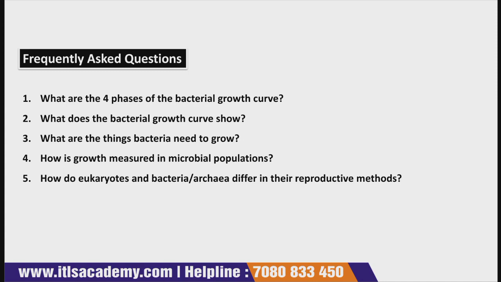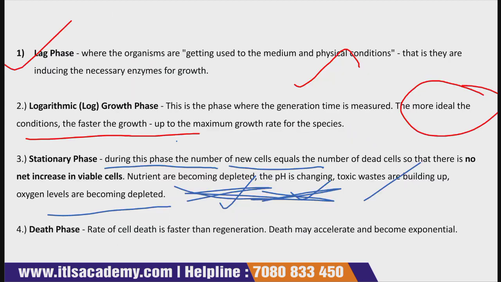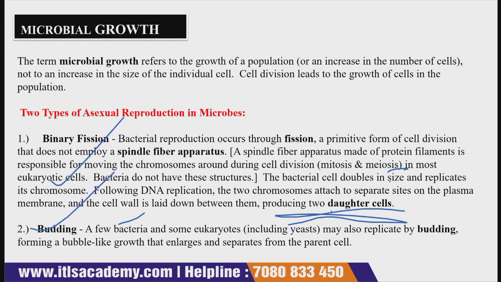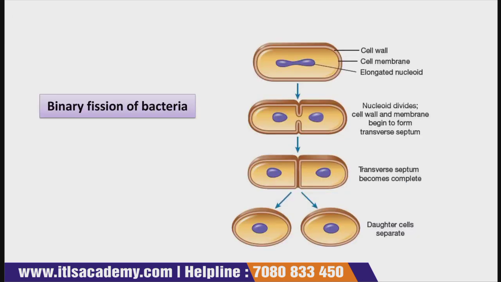Question number 4 says, how is growth measured in a microbial population? How do you measure the growth of the microbial population? The last one says, how do eukaryotes and bacteria, that is archaebacteria, differ in their reproductive method? You must be aware of this slide. You can take a screenshot of this slide.